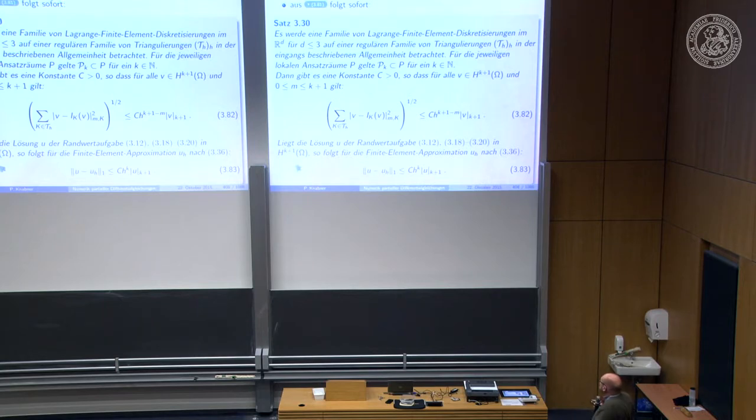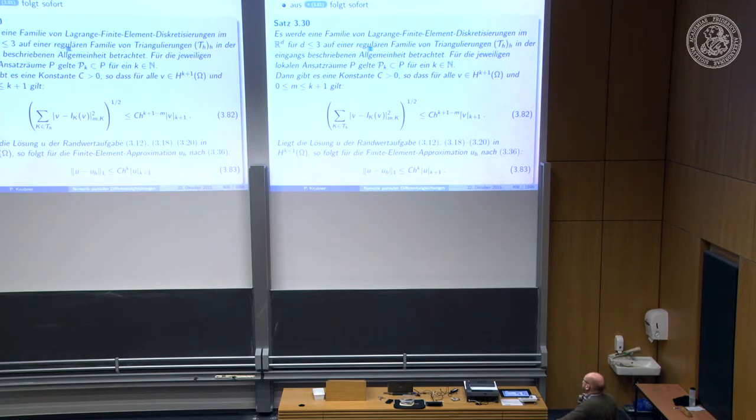And this k appears at another place, namely here. This reflects the local amount of degrees of freedom, the local accuracy of the consistency error, if you want, the local accuracy of the method. We require that the full space of polynomials of degree up to k is contained in the ansatz space on the element.